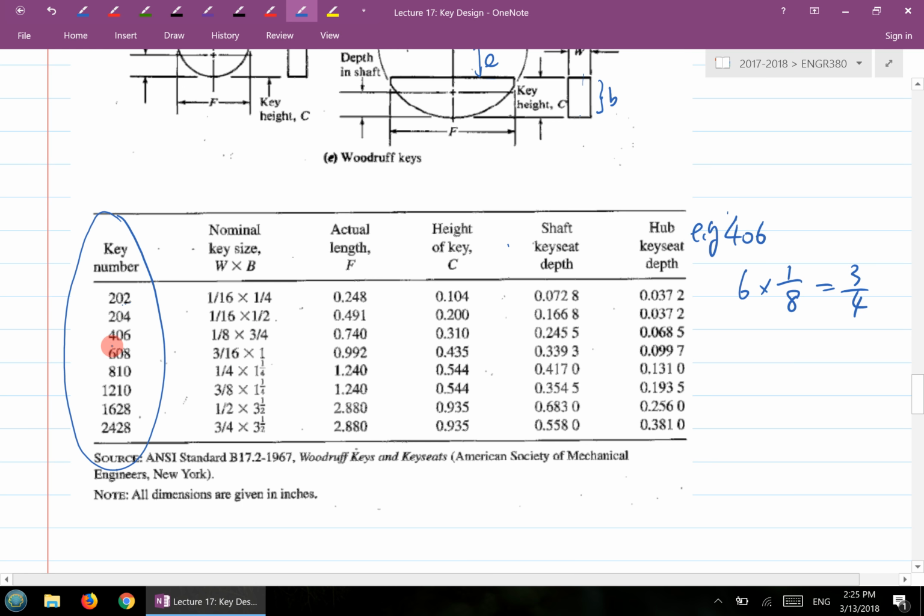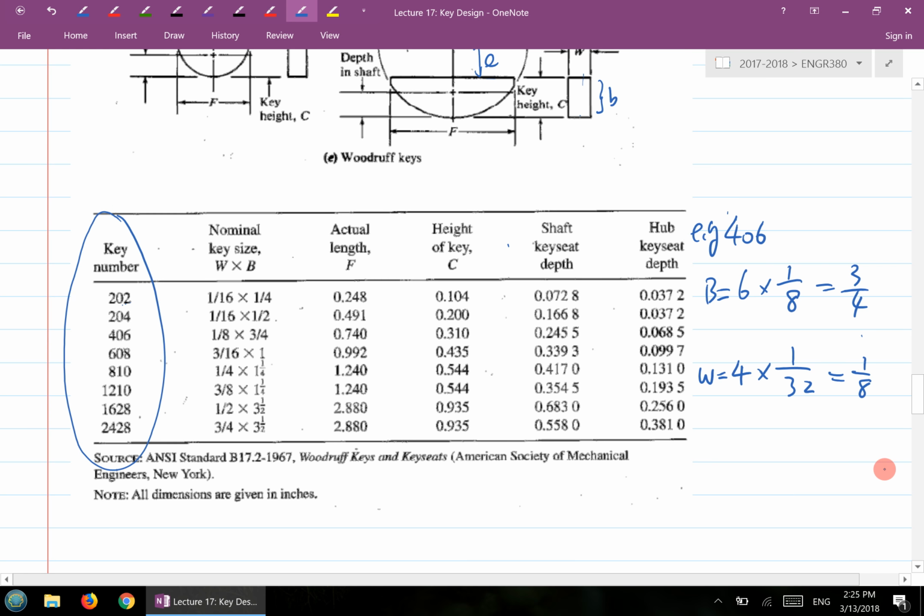And the first digit, number 4, gives you the nominal width in thirty-seconds of an inch. That gives you the W. Basically 4 times 1/32, which gives you 1/8. So that's your W, and this gives you the B. So that gives you 1/8 by 3/4.